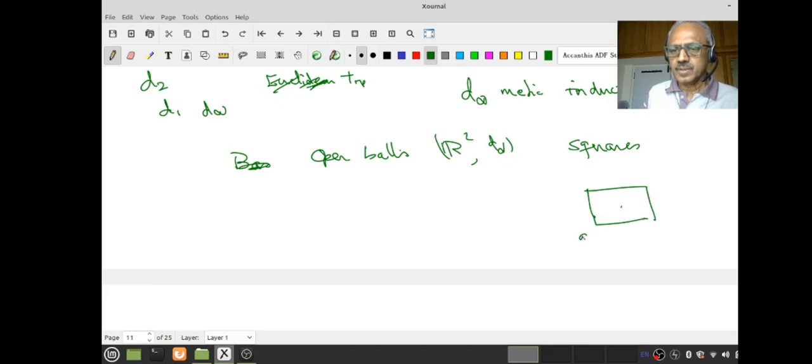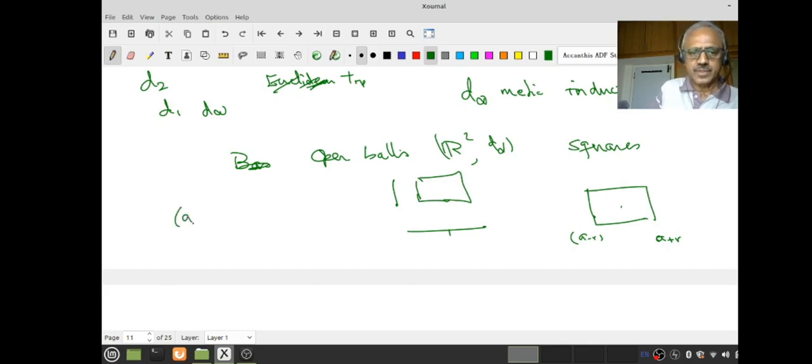This is a minus r, a plus r, and this will be b minus r to b plus r. So I have a minus r to a plus r, and here I have b minus r to b plus r. Therefore that product is going to be this one. So this is (a minus r, a plus r) cross (b minus r, b plus r).